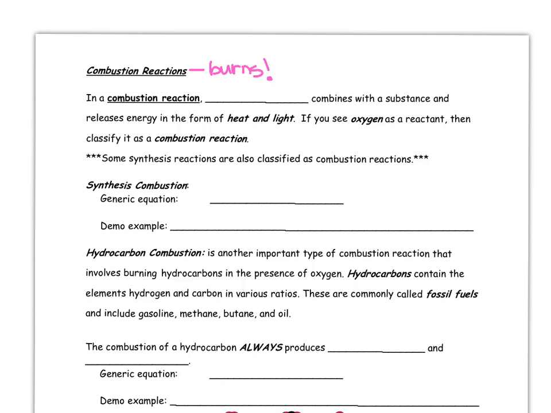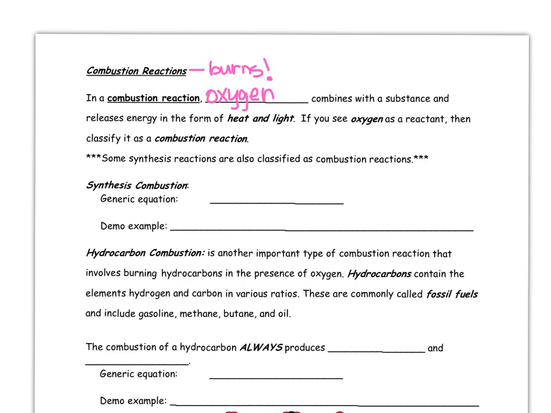So in a combustion reaction, there's a really important key component, and that is oxygen. Oxygen is going to combine with a substance. Oxygen is required for things to burn because it feeds the overall flame.